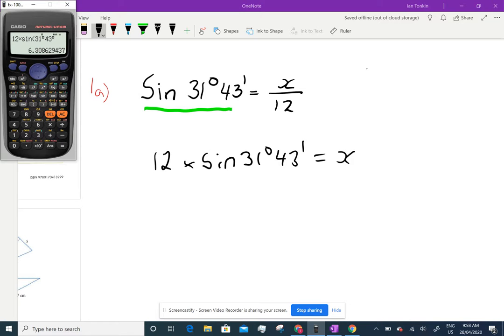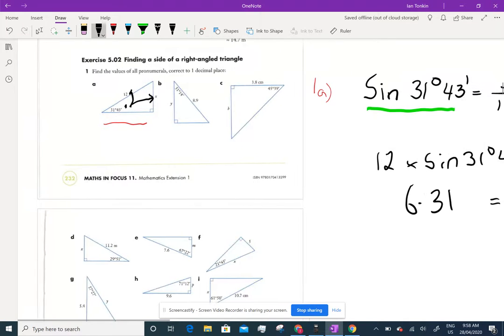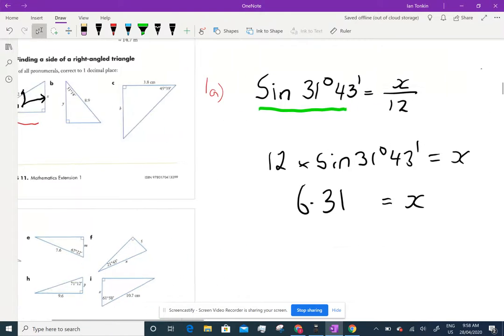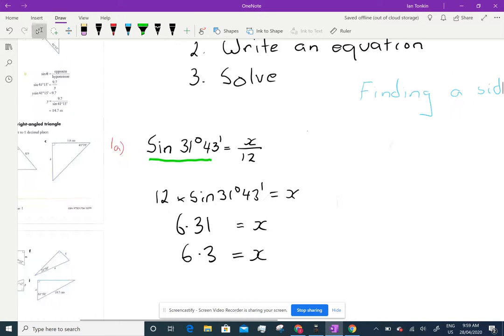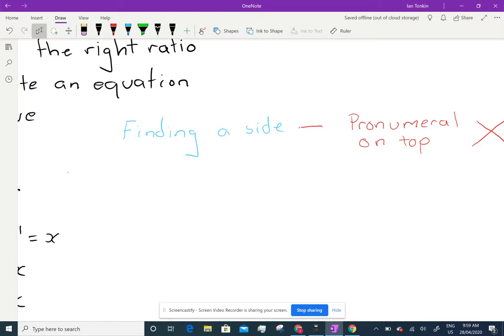What do we get? 6.31 equals x. Let's just check what the measurements were in. They don't tell us. They tell us to go to one decimal place. We've done that. I've just got the answers up here. 6.3. Oh, they want one decimal place, so it's 6.3. So there's our first one. Finding a side with the pronumeral on top, you multiply.